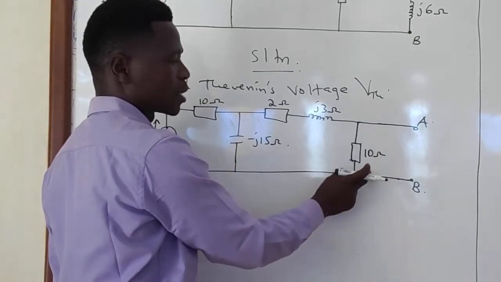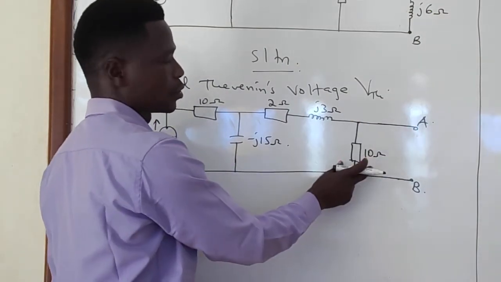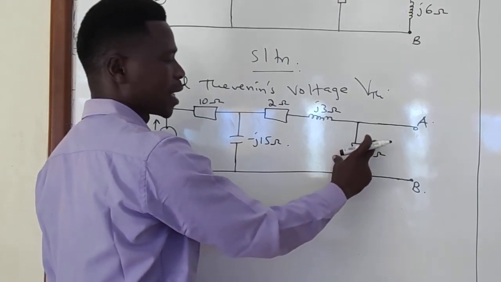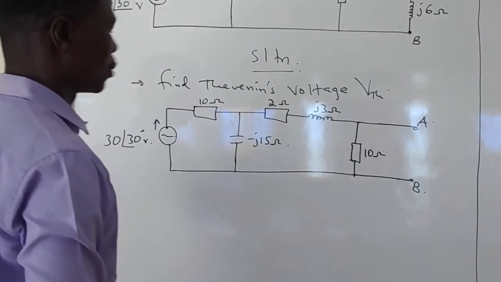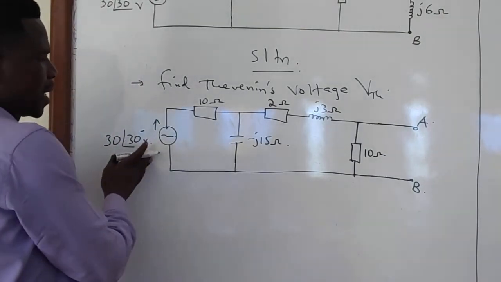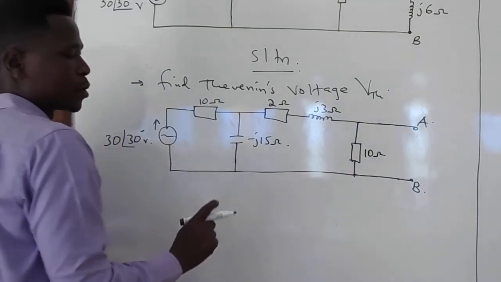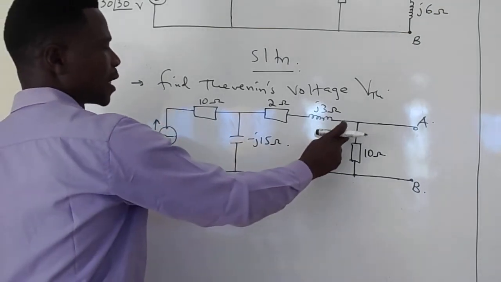AB is in parallel with 10 ohms. So we need to get the voltage across 10 ohms. And studying the circuit, look at the supply. The supply is on this far end. Therefore, for us to get the voltage across the 10 ohms, we need to calculate the current that will be flowing through the 10 ohms.